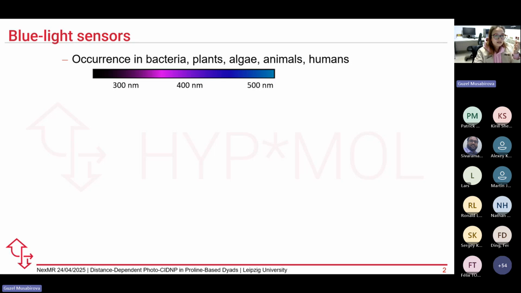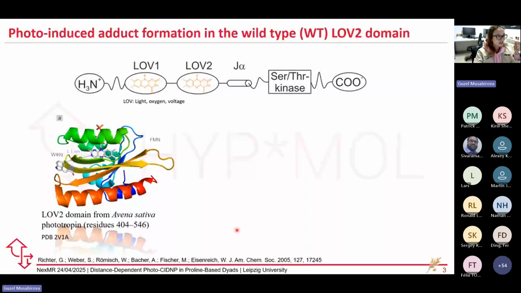Here I would like to focus on the phototropin. It contains two LOV domains, LOV1 and LOV2, with then a J alpha helix and a serine/threonine kinase domain. In the LOV2 domain, we have flavin mononucleotide, FMN, which is non-covalently bound to the protein.